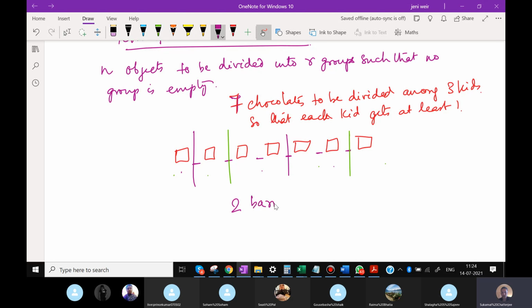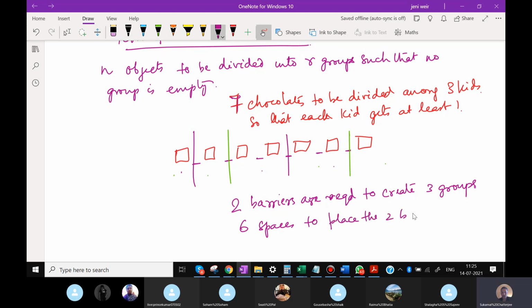And there are 6 spaces to place the 2 barriers. So I have to choose 2 places out of the 6 places to put the 2 barriers, which can be done in 6C2 ways, which is 6 into 5 by 2, which is 15 ways.